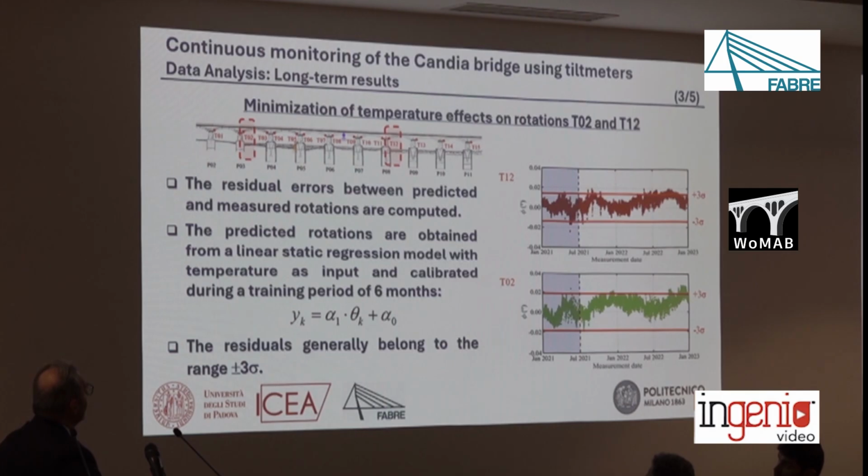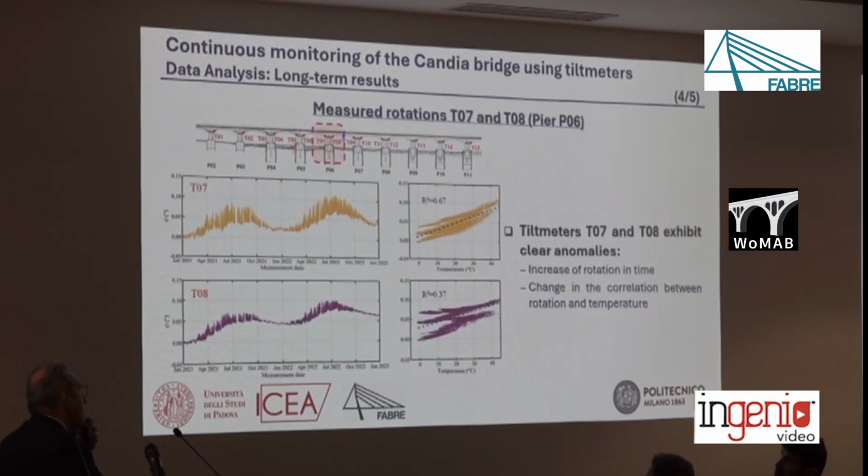But in some positions, something different happens. For example, in tilt meters T7 and T8 that are installed on the same piers, as you can see, we have both an increment of rotation in time, and we also lost the linearity of the correlation between rotation and temperature.